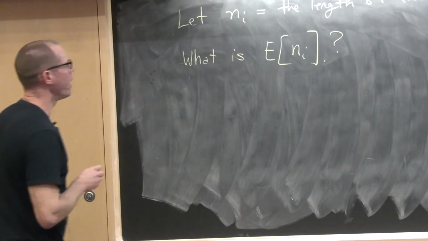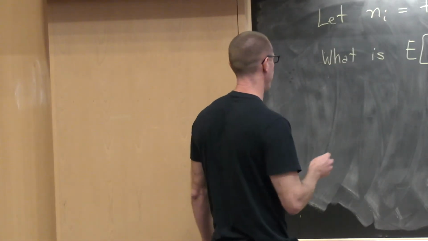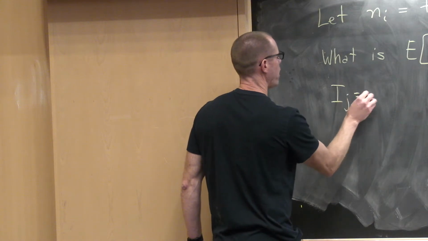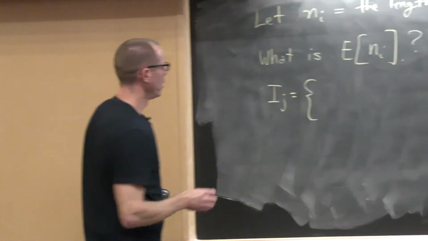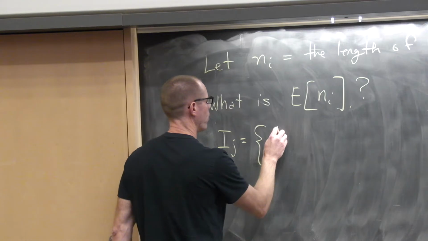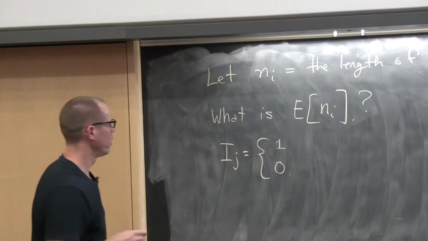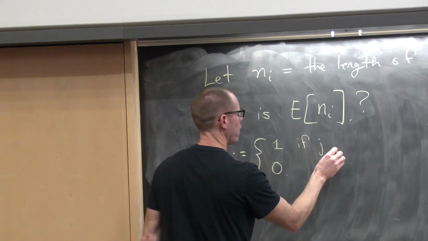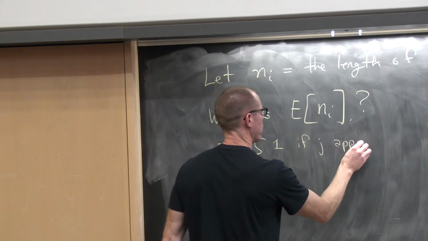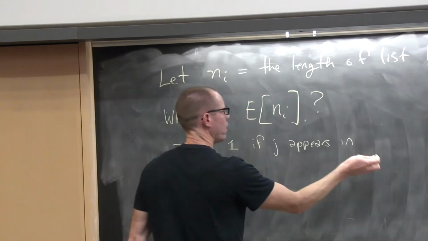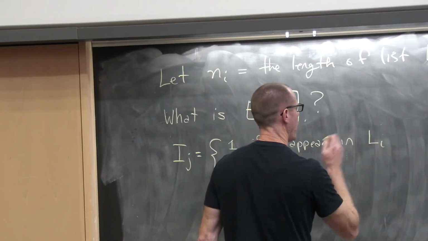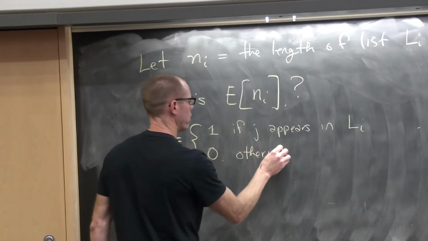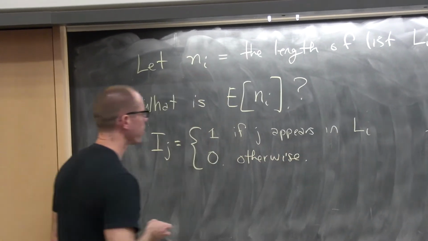Okay. Well, here's a way to handle that. Let's say I sub ij is a random variable which takes on the value 1 if j appears in L sub i, and it takes on the value 0 otherwise. Okay.